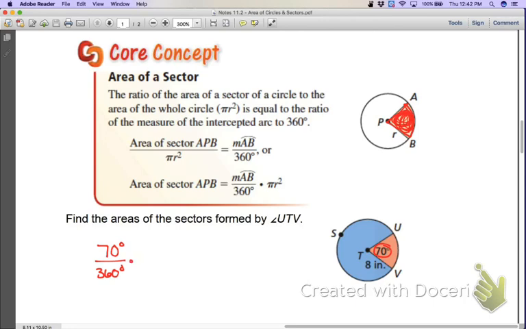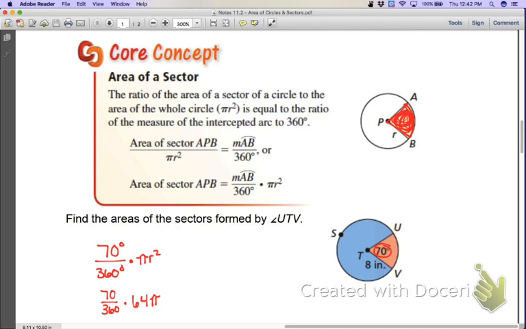And then I'm just going to multiply it by whatever my full area is, or pi r squared. So I'm going to take 70 over 360 and multiply it by 64 pi. Now, how did I get 64 pi? I squared 8, right?